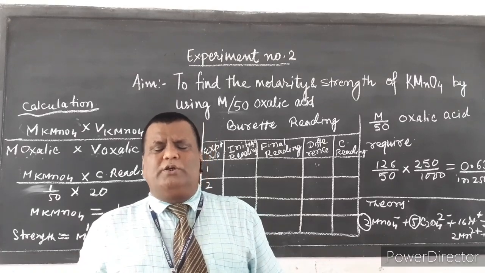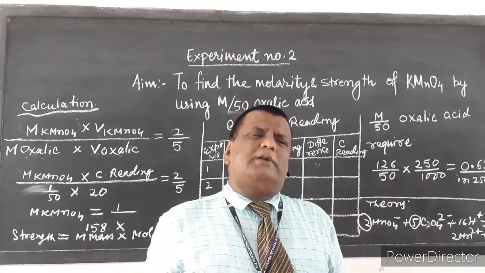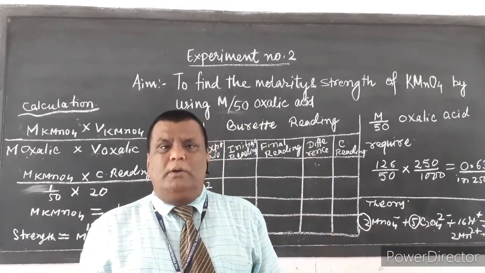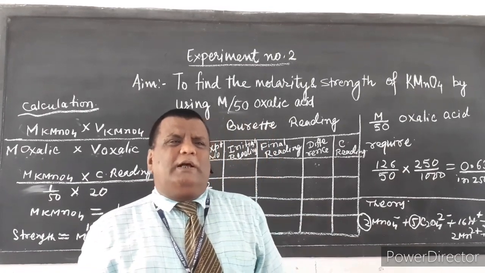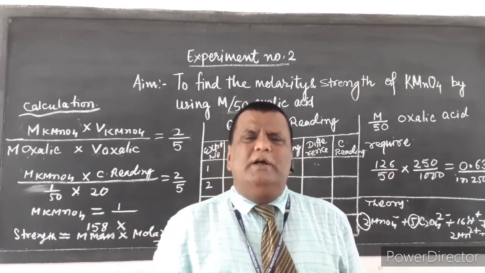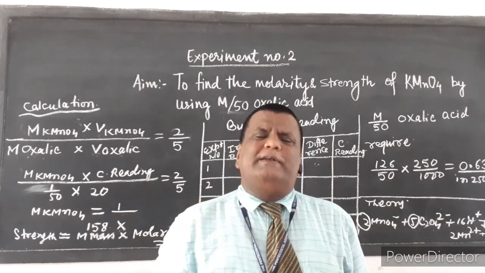So 60 to 70; if you cannot judge that temperature, you can use a thermometer also. But heating is required for oxalic acid. And after heating, you should titrate it against KMnO4. I will show you in the experiment: KMnO4, take the initial reading, take the final reading, and take the concordant reading.